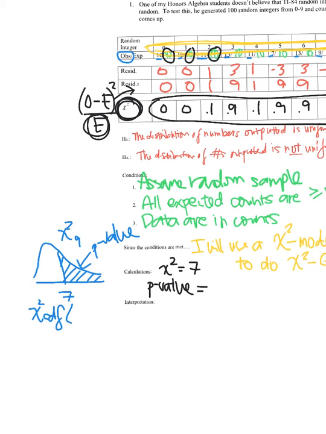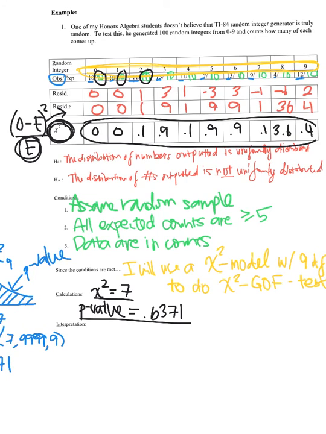And in that chi-square CDF, we're going to put 7 as our lower, a big, big number for our upper. Degrees of freedom would be 9. And then we get our p-value of 0.6371. All right, and that is how you find your p-value. Okay, so that's how you would do it by hand.